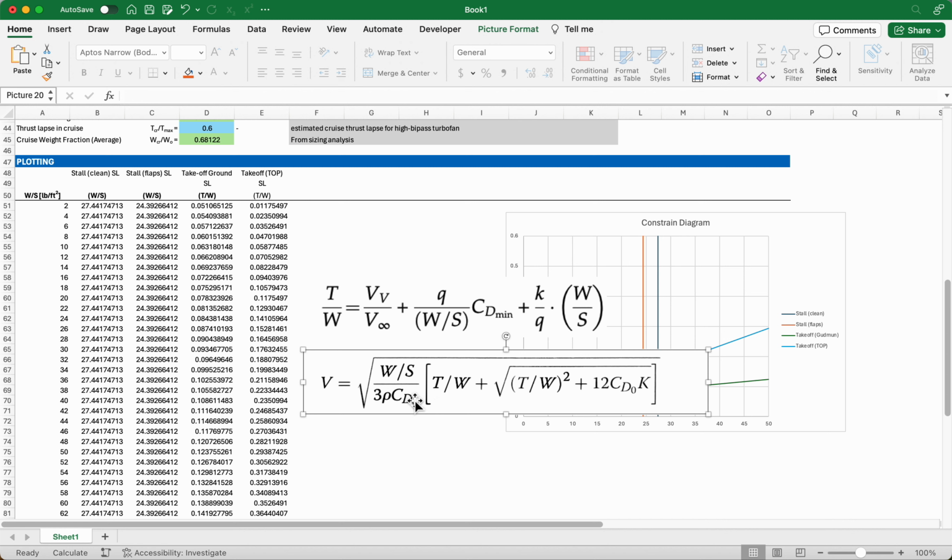So this term CD naught and CD min, that's just the same, just different notation between the two texts for the simplified drag model minimum drag on our drag polar for our 3D wing.